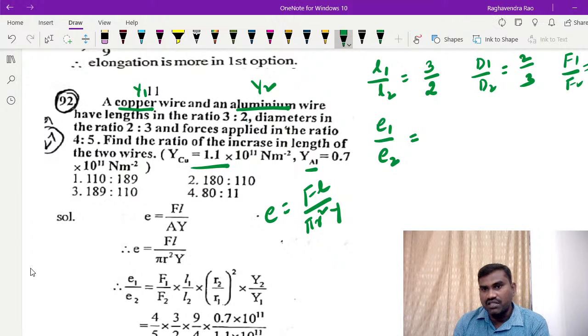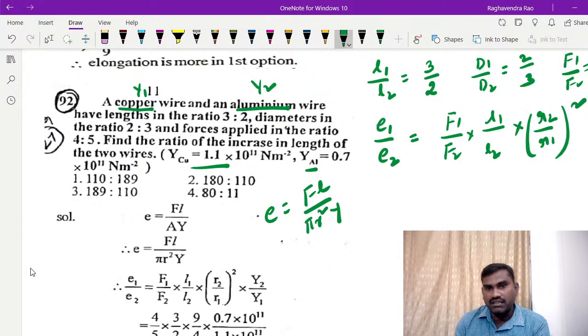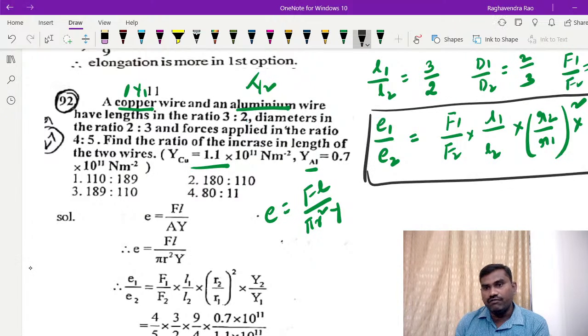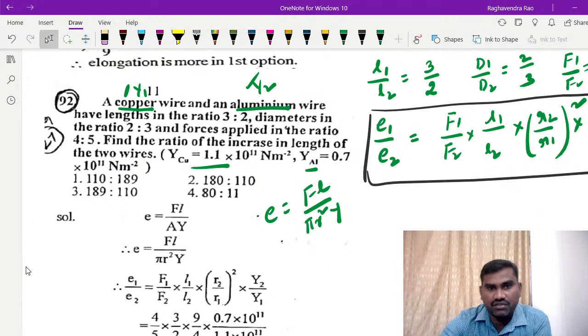So E1 by E2 is equal to F1 by F2 into L1 by L2 into radius inverse proportional, so R2 by R1 whole square, and Young's modulus is also inverse proportional, that means Y2 by Y1. So E1 is copper, E2 is aluminum. By taking this formula we can calculate the ratio of the elongation produced.